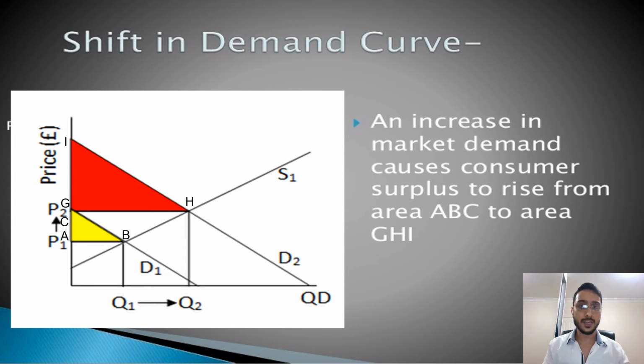In a graph, we can see that the consumer surplus can be shown as the triangle to the left of the demand curve and above the market price, which is in the yellow and red graph. This is because the consumer would have been willing to spend above this price for the good, and yet they can actually buy it at a cheaper price.